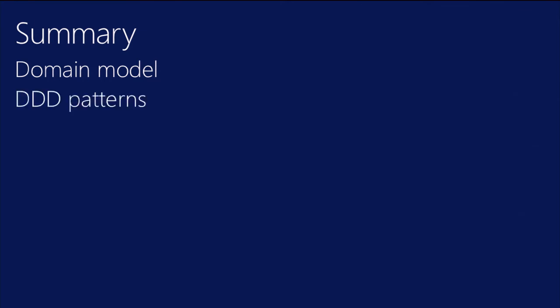I've talked about a number of tactical DDD patterns such as aggregate, value object, and repository, and how we use those. I've talked about creating simple solutions and choosing solutions that match the current knowledge level that you have in your project. So instead of starting with big complex solutions, start simple and grow as you learn more.